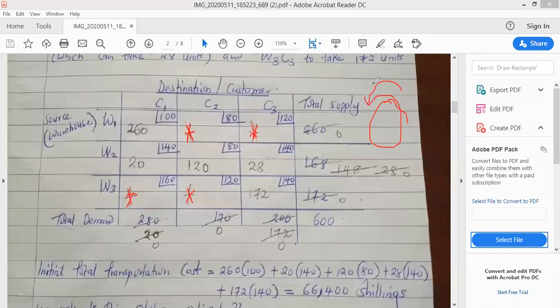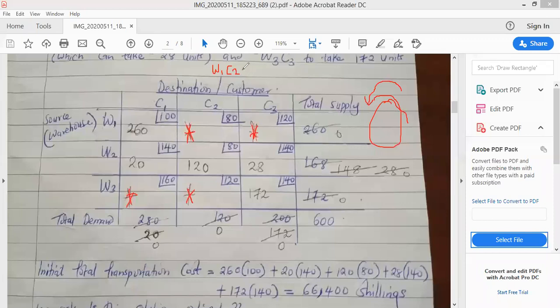We'll take its unit cost on cell W1C2 as an empty cell. We are not touching the filled cells; that will come under the MODI or modified method.